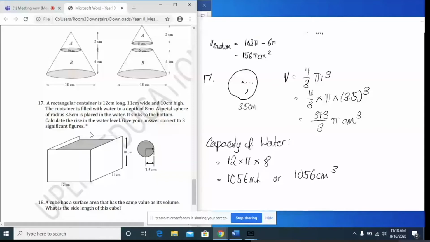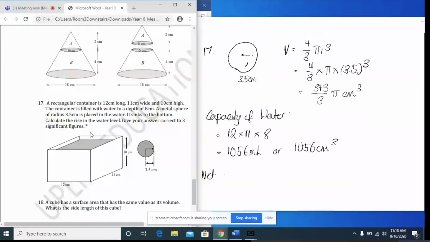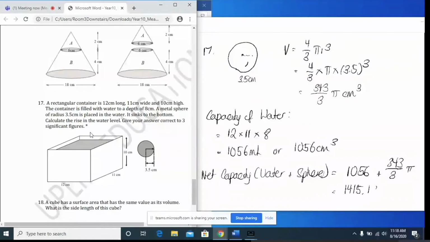Now, let's have a look at what the total capacity, or the net capacity of our water plus our sphere would be. So you just do 1,056 and you add that with 343/3 pi. And what you're going to get when you do that is 1,415.19 centimeters cubed.